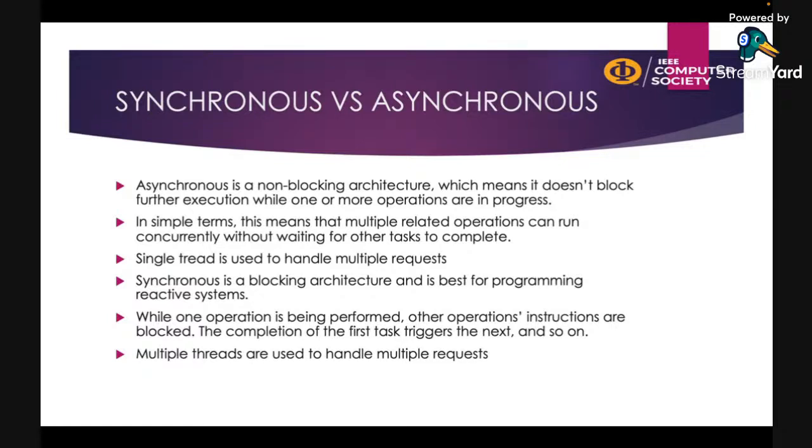Let me explain this by giving you a restaurant example. When you go to a restaurant, a waiter is allocated to you. He takes your order and goes to the kitchen to give the chef the order to prepare. Now, the waiter does not wait there for your order to get completed, right?